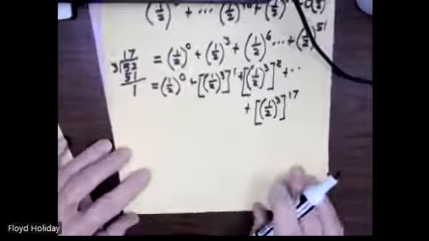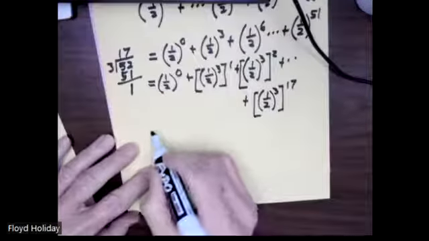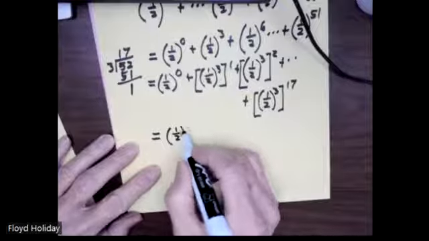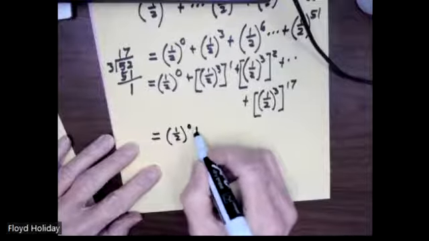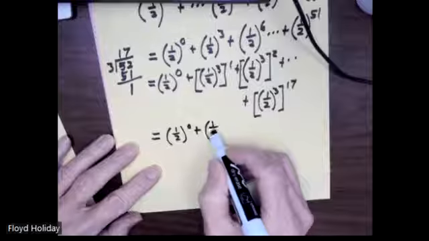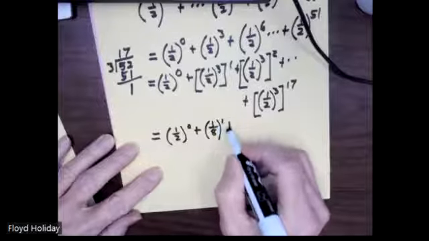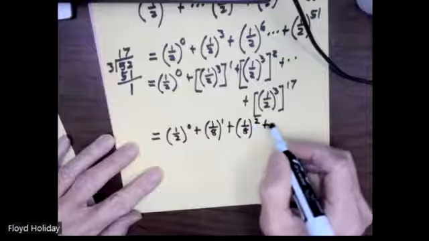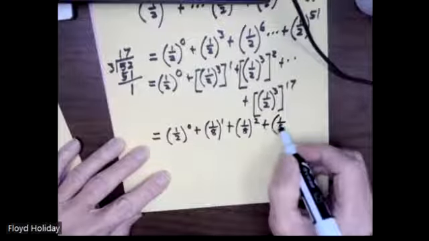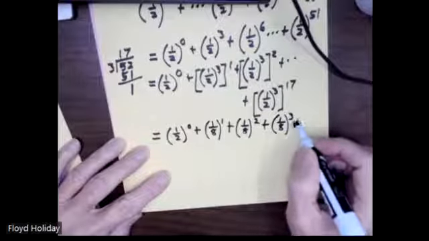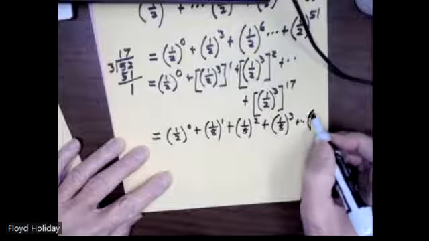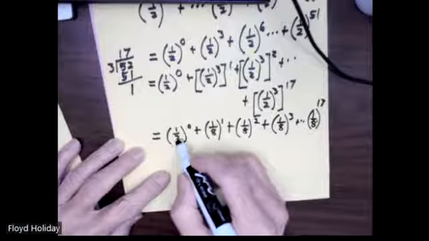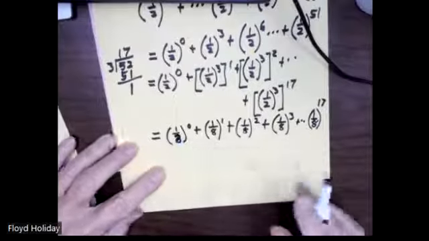And I can clean up the writing, make it look a little nicer by doing this. 1/2 to the 0 plus 1/8 to the first plus 1/8 squared plus 1/8 cubed plus dot, dot, dot, 1/8 to 17. Actually, I want to make that an 8.